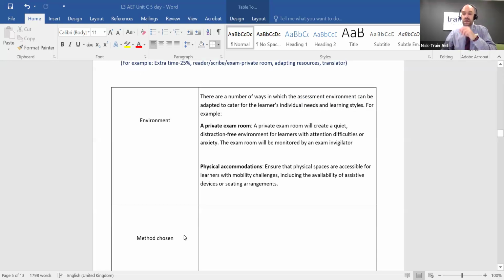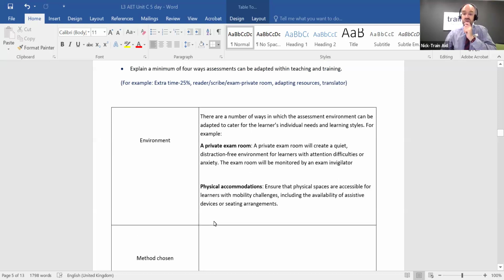Next one is the method chosen. So as mentioned before, what you can do as an assessor, you can make changes from perhaps a written assessment to utilizing a computer or a laptop. So once again, if a learner has perhaps a hand injury, or a really poor writing style, which the assessor might not be able to read, okay, no problem.